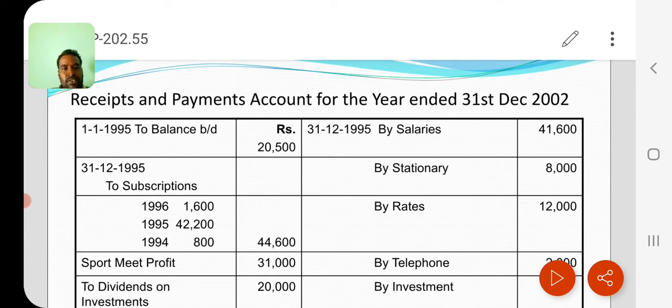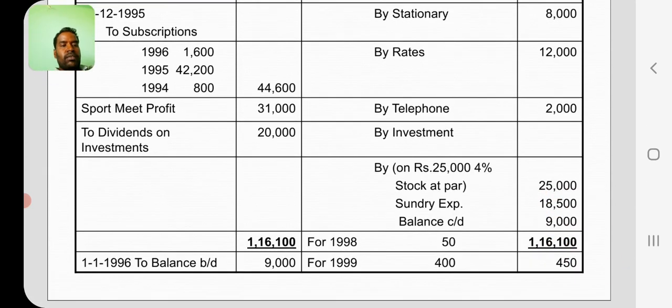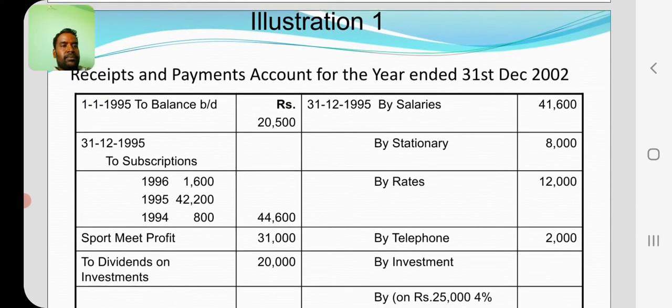31/12/95 subscriptions: 96, 1,600; 95, 42,200; 94, 800. So total 44,600. Okay. Sports meet profit 31,000. Dividends on investments 20,000.